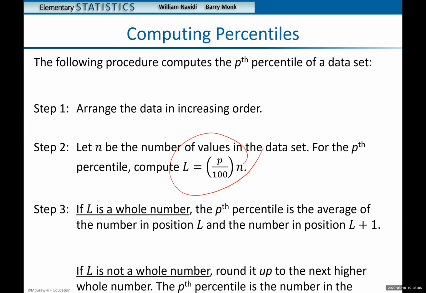And take note of step number 3. If L is a whole number, then the P percentile is the average of the number in position L and the number in position L plus 1. So you have to take the average of the two numbers. Again, that is when computed L is a whole number. When it's not a whole number, then round it up.